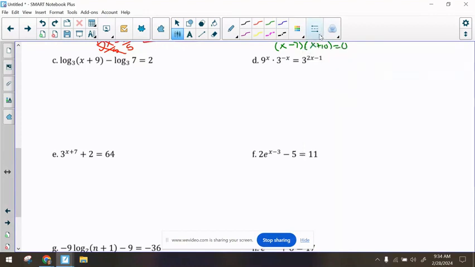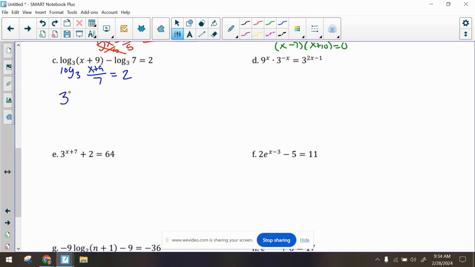Question C, similar to B, this also involves a property. So I need to combine these to make it log base 3 of x plus 9, but this time divided by 7, because we have that minus sign between them. That is the quotient property. This is not a log equal log problem, though.